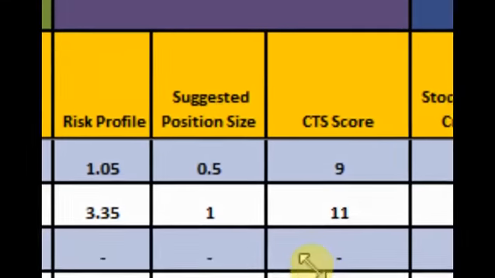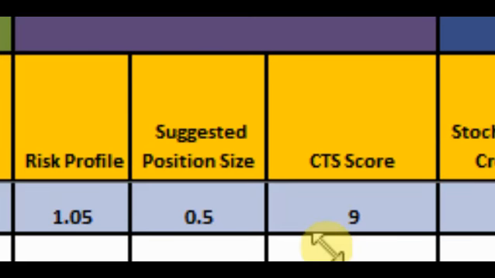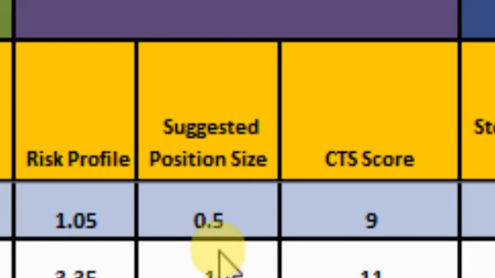It wasn't a win or a loss. But looking at the characteristics of the trade, it did have a 1.05 risk profile. The money management rules mathematically defined half a position size to enter this market short, based on the risk management analysis I conducted, which gave it a CTS score of 9.